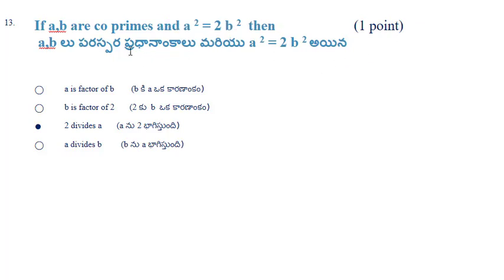Next problem, if A and B are co-primes and A square equals 2B square, then already in the given condition they said that A and B are co-primes. So HCF of A and B equals 1. So A is not a factor of B and A divides B, these two are wrong.